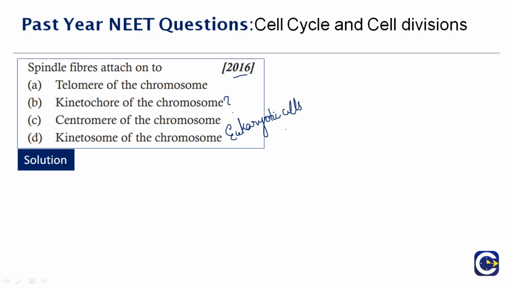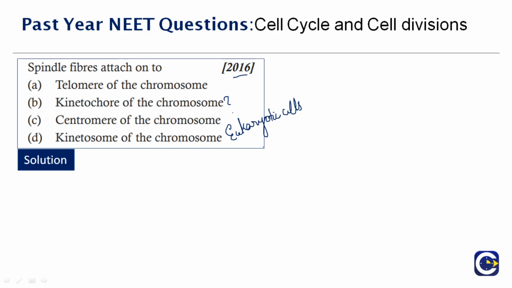It is only during cell division. So that is also right. This forms during cell division to separate the sister chromatids between the daughter cells. Therefore, where do spindle fibers attach themselves? They attach to the kinetochore of the chromosome. Attachment of the microtubules to the chromosomes is mediated by kinetochore.